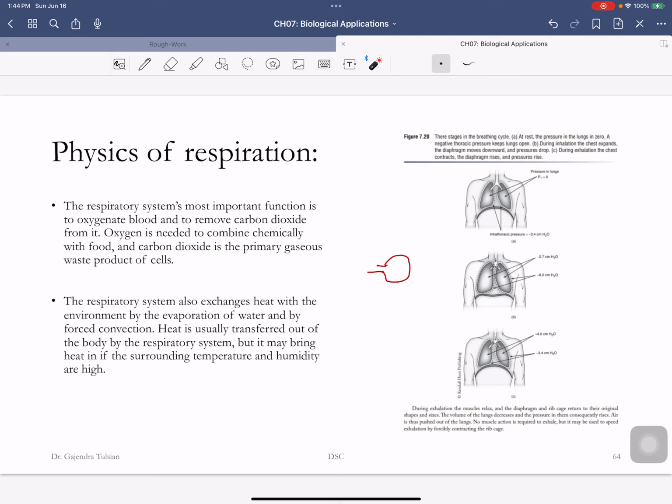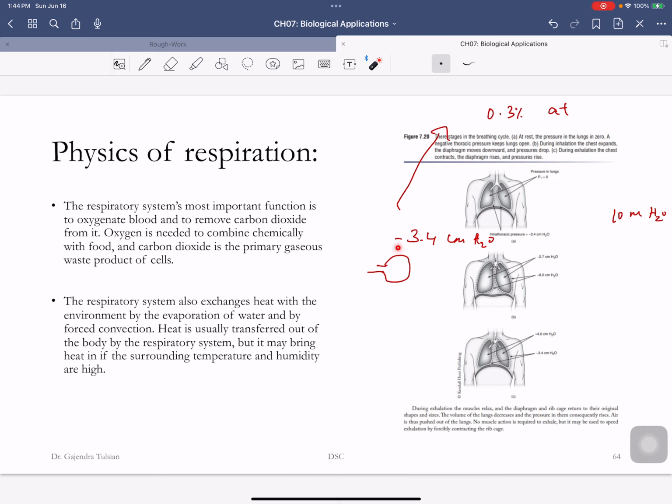By the way, 10 meters of water is 1 atmosphere, so 1 meter would be 10%, and 10 centimeters would be 1%. So this is about 0.3% of atmospheric pressure.